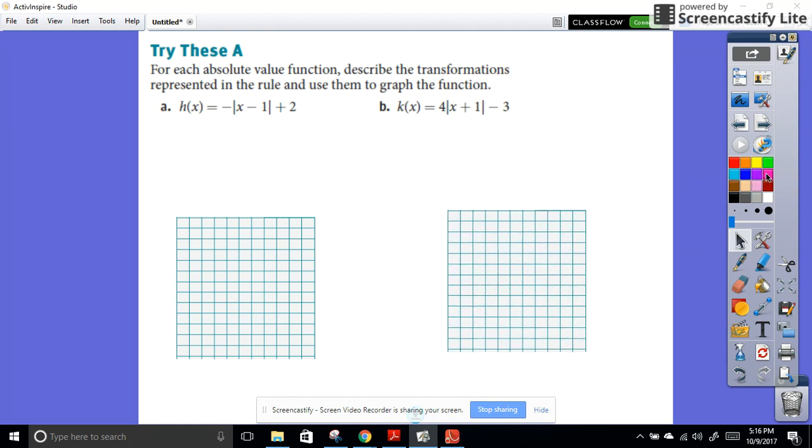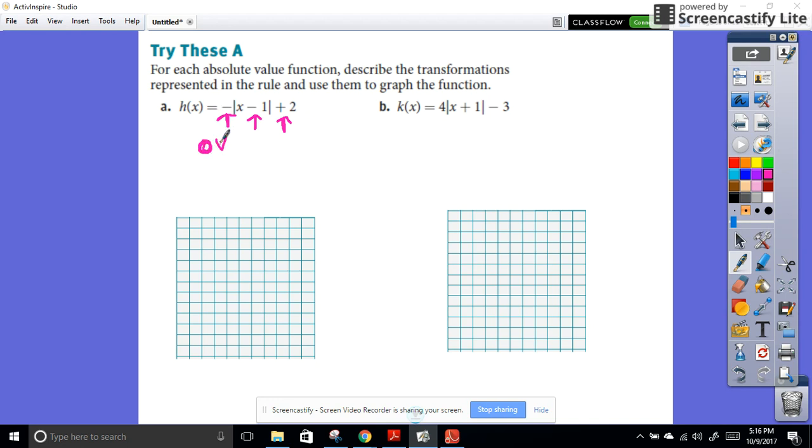So the first thing I'm going to do is describe. I've got 3 parameter changes. I've got this one, I've got this one, and I've got this one. This one's outside, and it's multiplication.